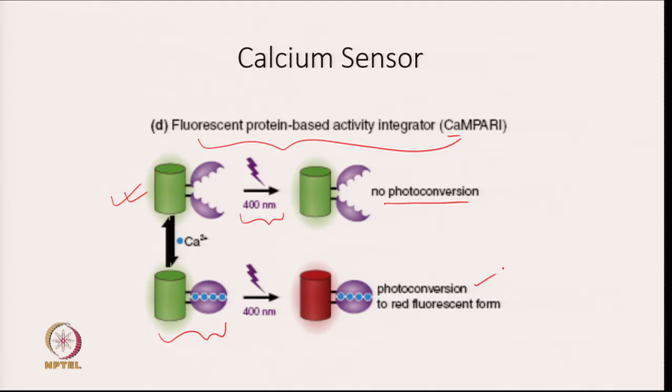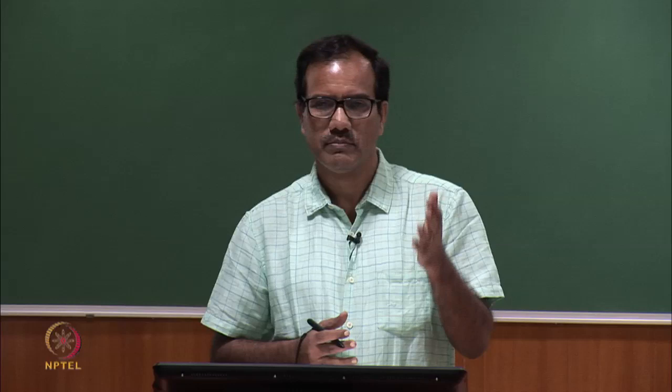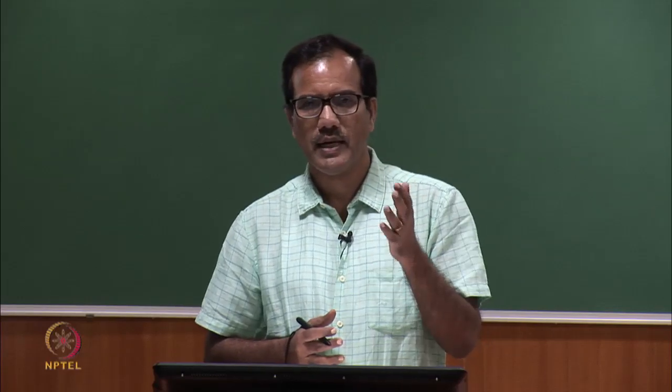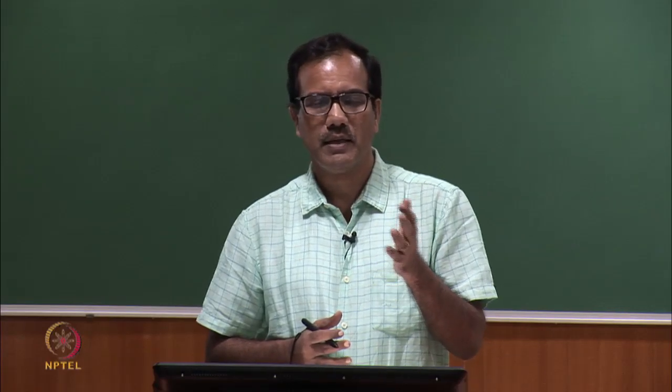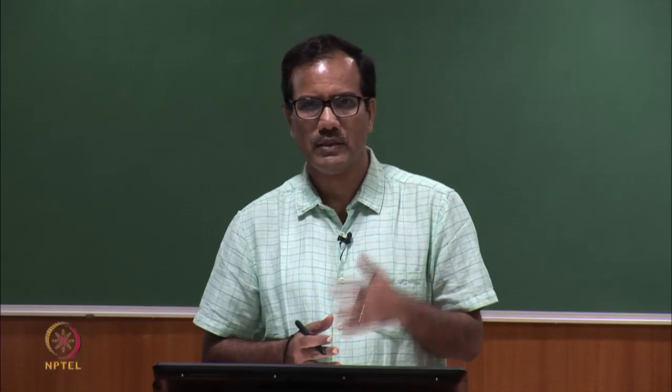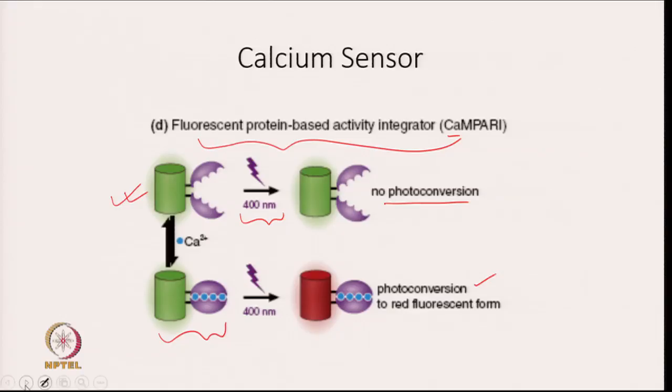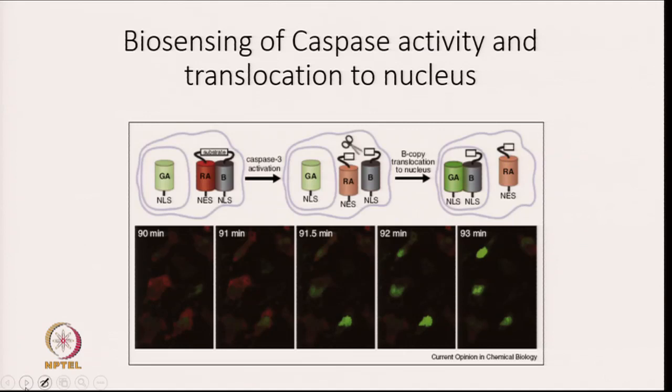So, if there is calcium, it will give you red color. If there is no calcium, it will not give red color. Just by looking at the red color, or the intensity at the lambda max corresponding to red, you can know the amount of calcium 2+ in the solution.